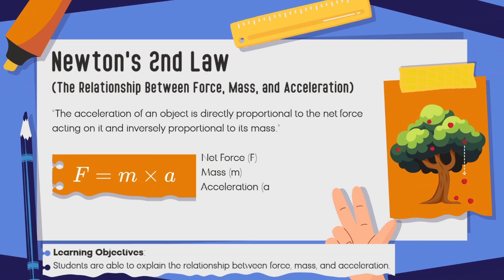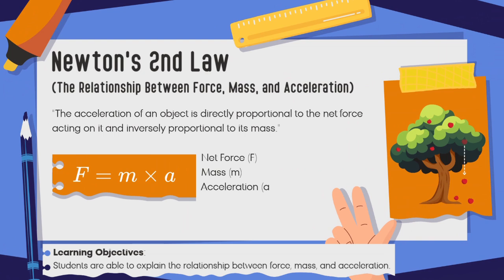The mathematical formula of Newton's second law is F equals m multiplied by a, where F represents force and is measured in newtons. m represents mass and is measured in kilograms. a represents acceleration and is measured in meters per second squared.